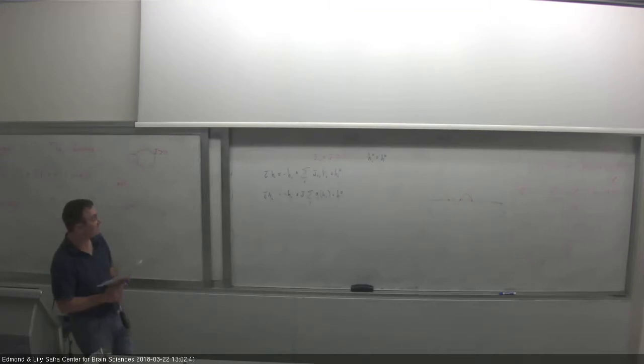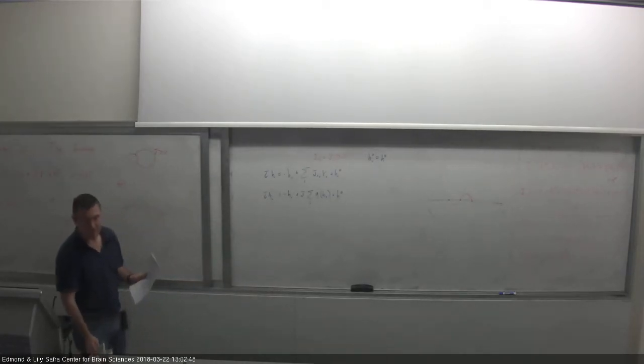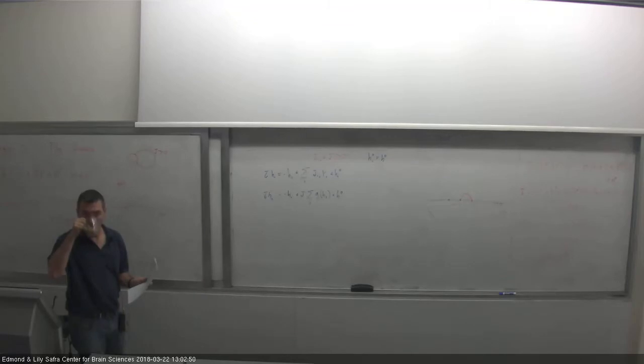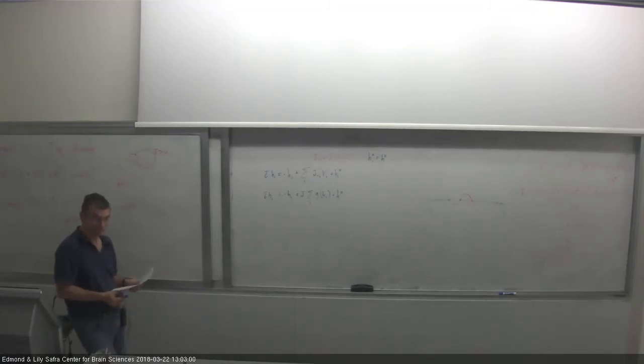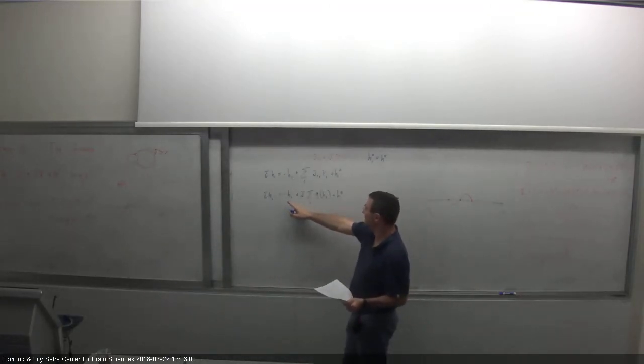So what are the fixed points of this set of equations? We have n such equations, one for every neuron in the network. If you put 0 here, it's not necessarily true that this is equal to minus this.